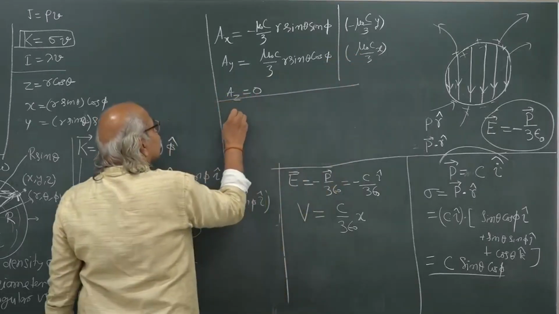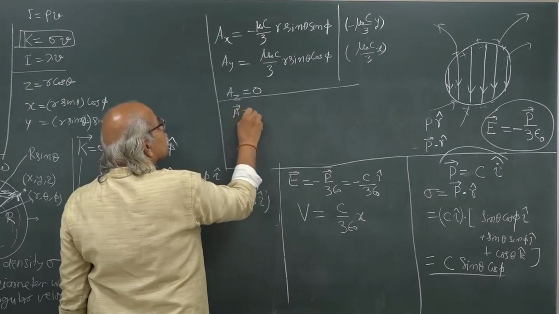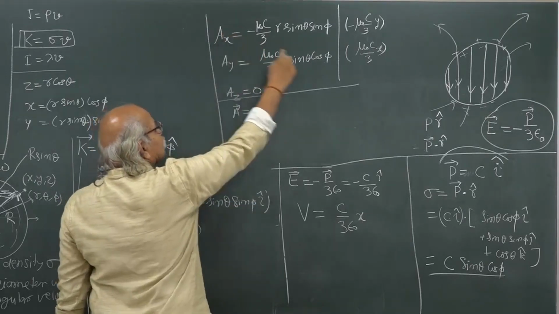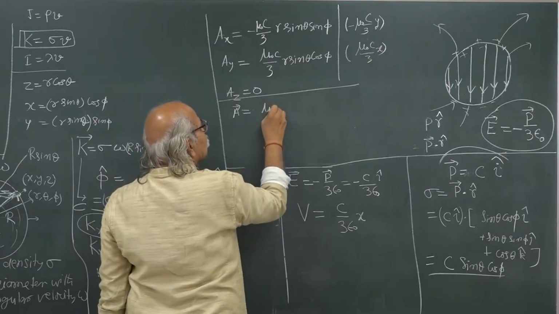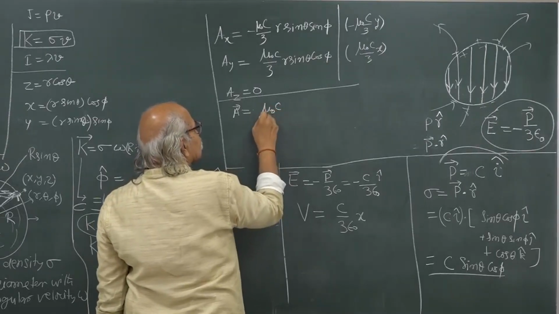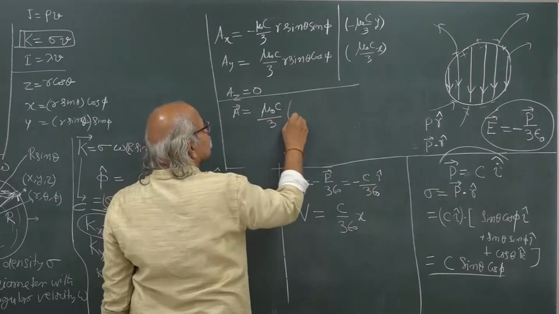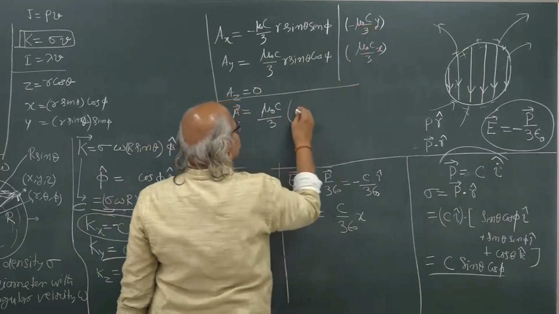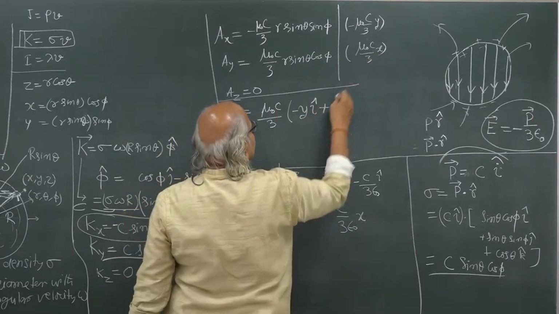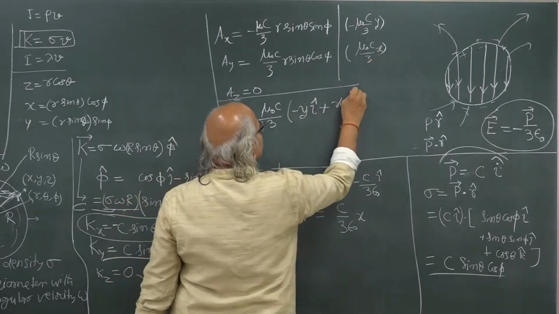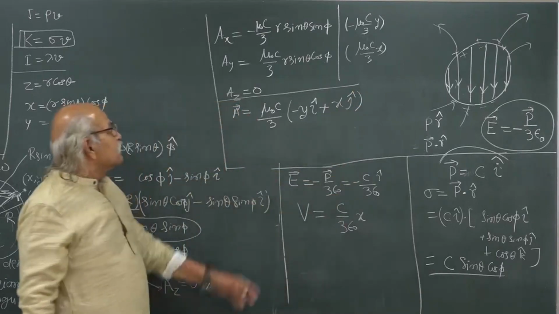So, that A vector you can write as, this is the i component, Ax. So, let us take mu naught c by 3 common. So, minus y i cap, and here plus x j cap, right.